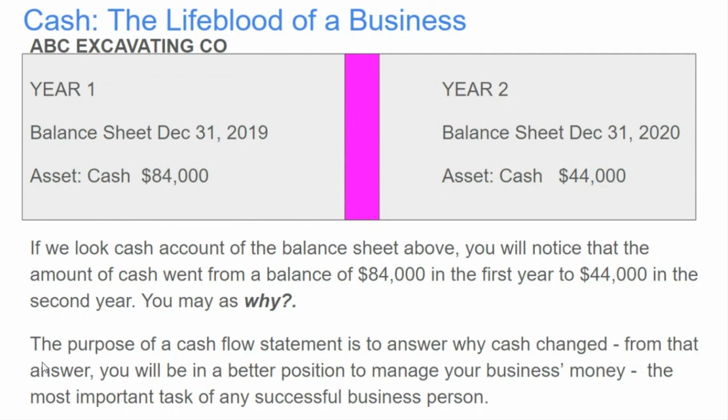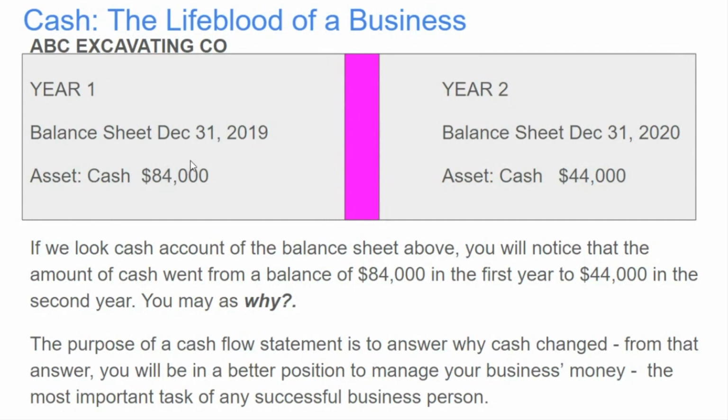So here's the nub of the problem, or the nub of the idea of what's going on with the cash flow statement. We have two statements here. We have year one and at the end of year one. Okay, this is the beginning of year one, and this is at the end of year one, which is the beginning of year two.